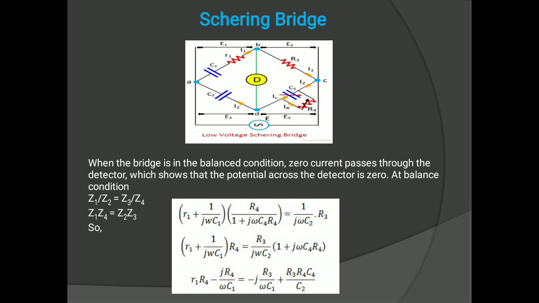Then (r1 plus 1 by j omega C1) into R4 equals R3 by j omega C2 into (1 plus j omega C4 R4), or r1 R4 minus j R4 by omega C1 equals minus j R3 by omega C2 plus R3 R4 C4 by C2.